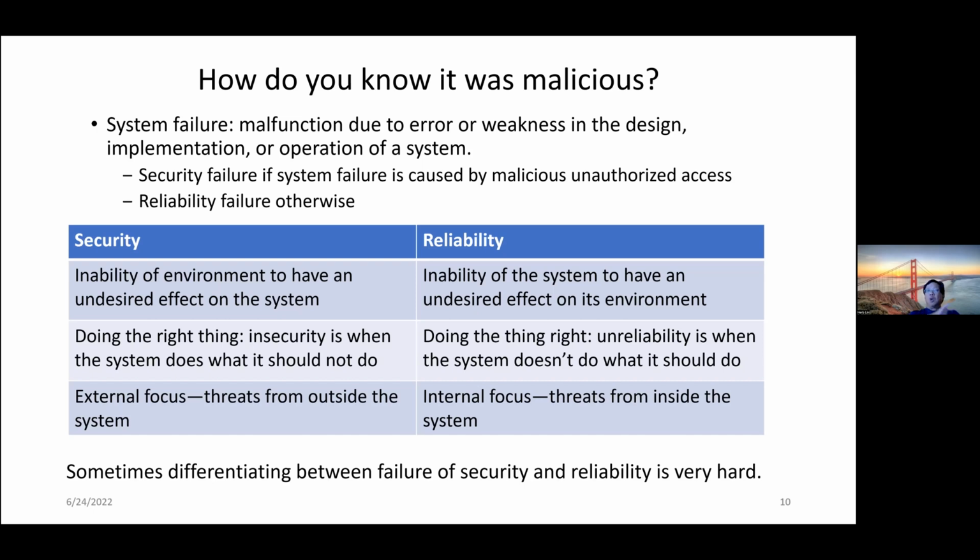Security is about doing the right thing, whereas reliability is about doing the thing right. Insecurity is when the system does what it shouldn't be doing. Unreliability is when the system doesn't do what it should do. In security, there's a focus on external threats. Reliability has a focus on internal threats, things that happen within.